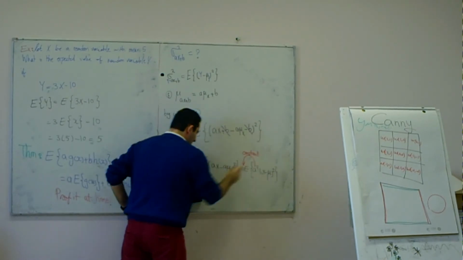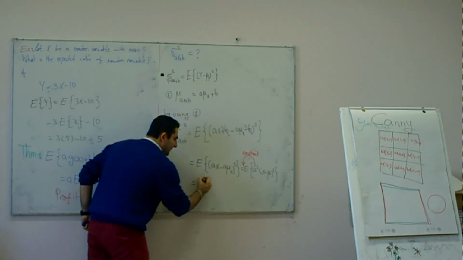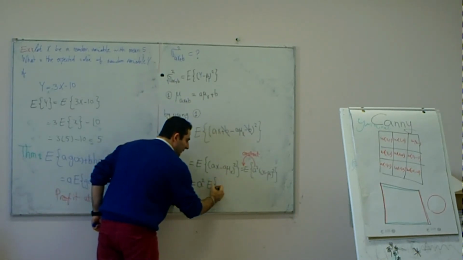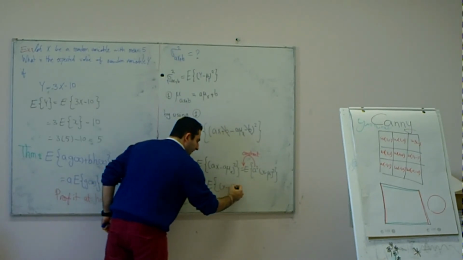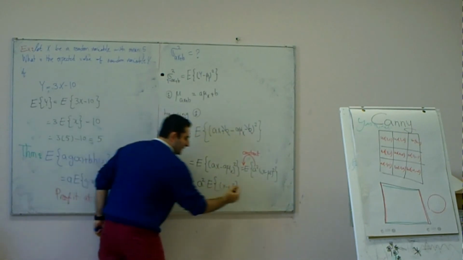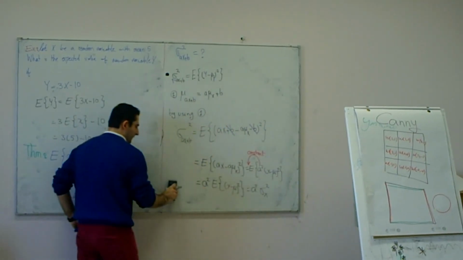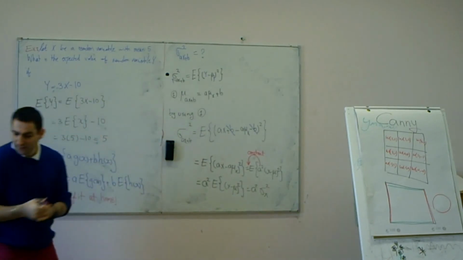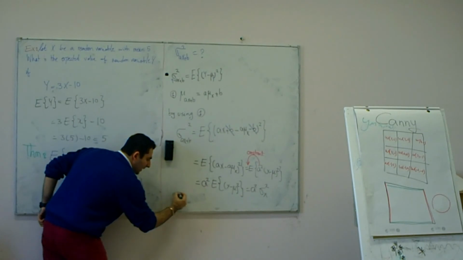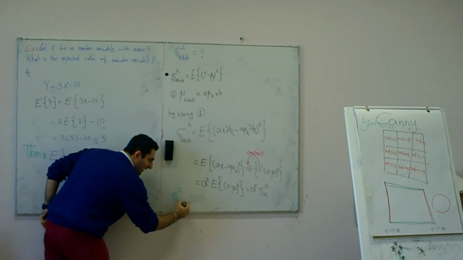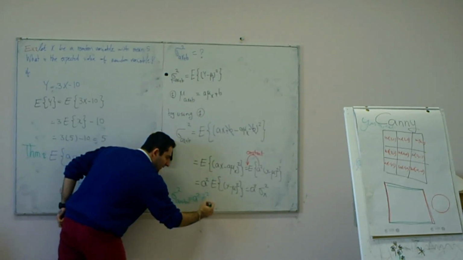So it will be equal to a squared times the expected value of (X minus mu) squared, which is a squared sigma squared of X. So what we get is this formula: sigma squared of aX plus b is a squared sigma squared of X.